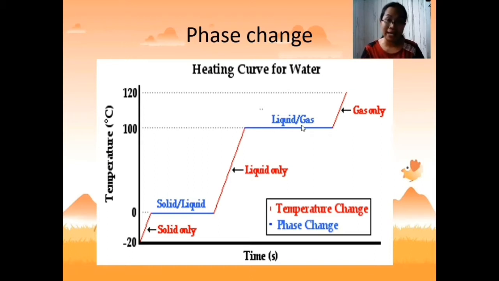So heat is absorbed again, not to change the temperature of the water, but to change its phase from liquid to gas. And that is evaporation. Then heating it further, the phase is still gas, but the temperature is now from 100 degrees Celsius to 120 degrees Celsius. Again, take note that during phase change, the temperature doesn't change, but the heat is either absorbed or released to break the bonds or also to create bonds.